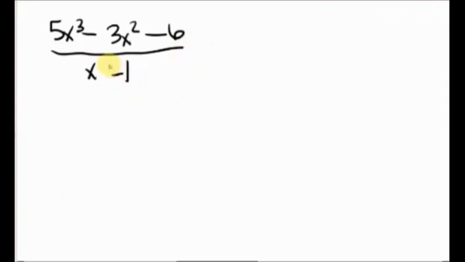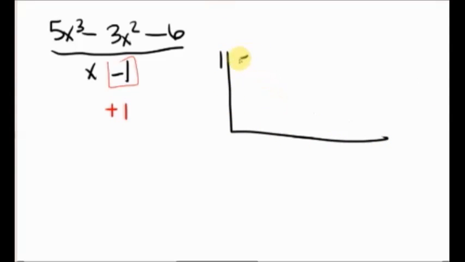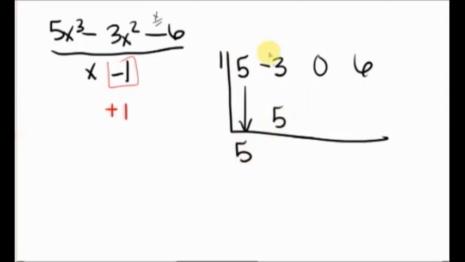So we get our opposite number, so that's a plus 1. So we'll get 1. 5 goes down. Sorry. Negative 3, 0, since there is no x value, and 6. So we brought our 5 down already because I was in a hurry to get done with this.